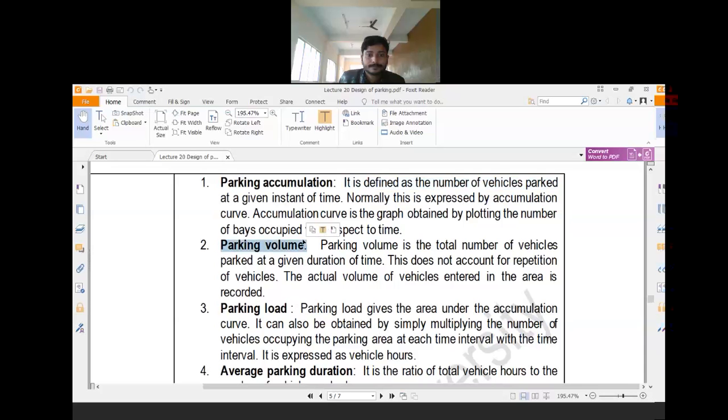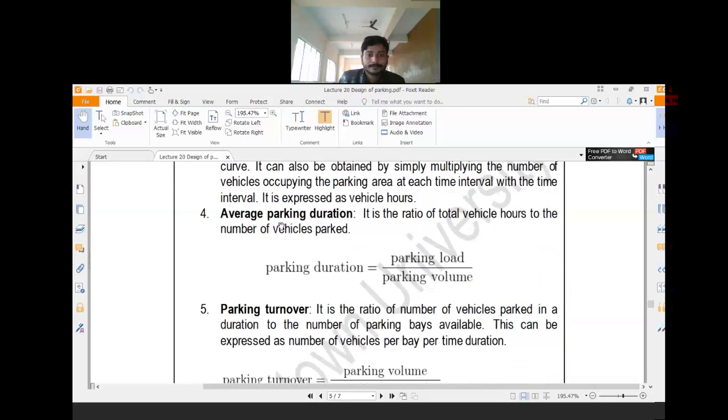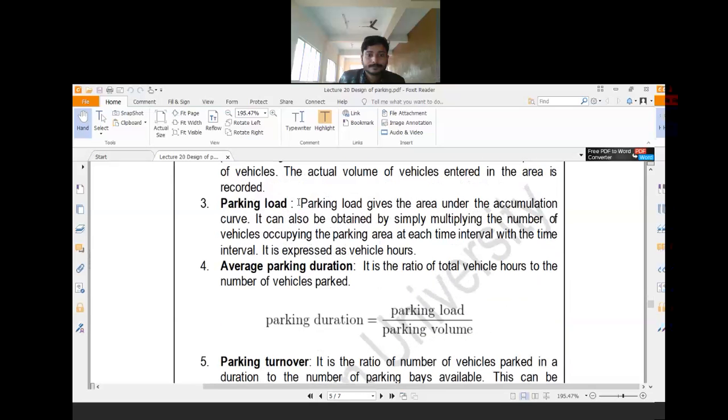Now, another thing is parking volume. If I ask you what is the total number of vehicles within 7 to 8 p.m., here I am giving you one time range. This is your parking volume. That is, within the time range, what is the total number of vehicles parked over that area.